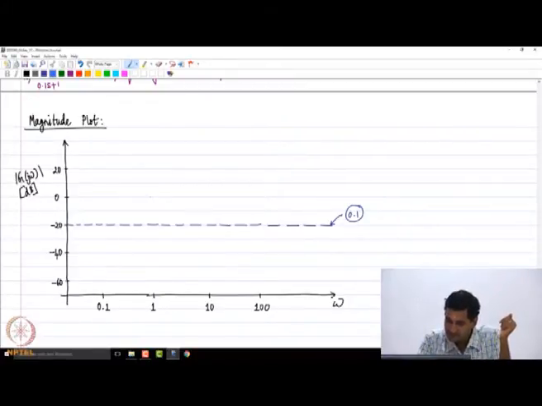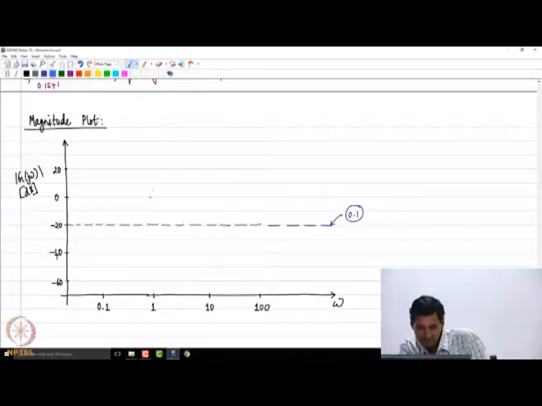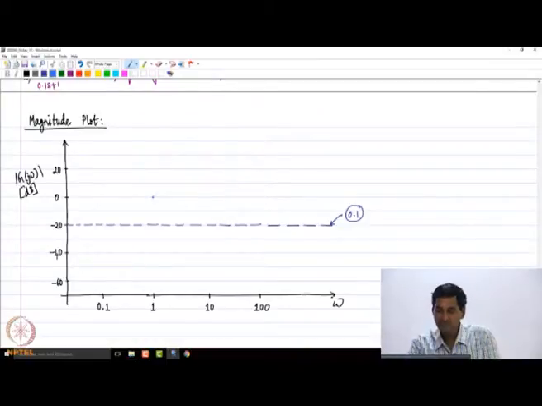It's going to be 0. So let's say I plot at omega equals 1, so that's going to be 0. At omega equals 10, I am going to have the value as 20. And at omega equals 0.1, I am going to have the value as minus 20. So I am just plotting the values.